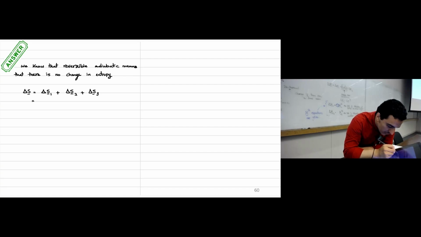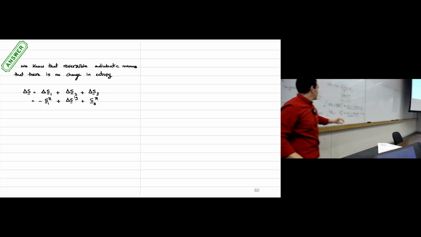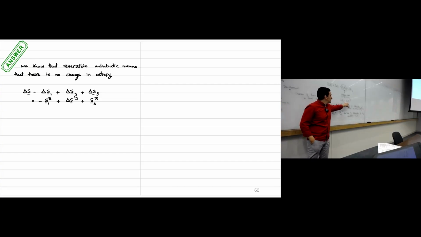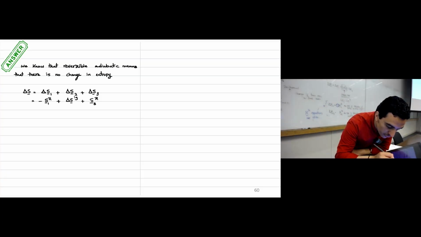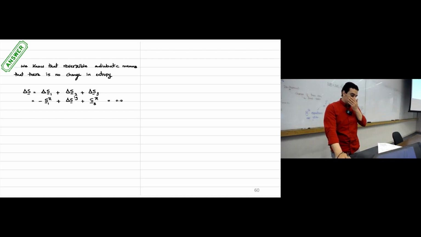Delta S1 will be negative S1 residual, delta S2 is delta S of ideal gas, and delta S3 will be S3 residual. And we know that the result of all of this will be 0, because delta S is 0 in this case.